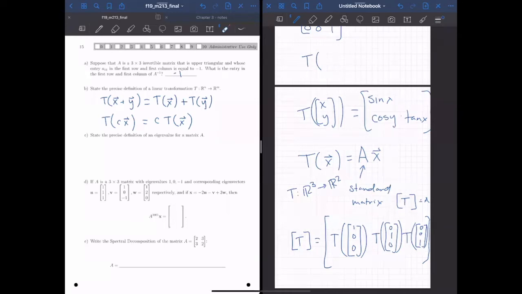That would give me three vectors inside of R2, and those would be the columns of my matrix. So if we ever give you the transformation and ask for the standard matrix, all you have to do is plug these special vectors into the transformation, and those become the columns of your matrix.